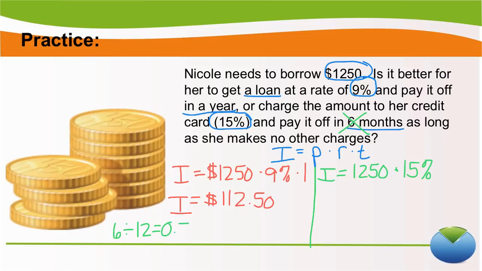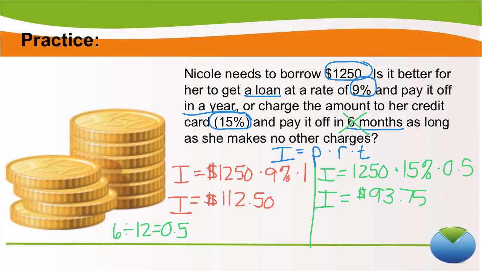Comes out to be 0.5, so that's what I'm going to multiply by. Would you figure out how much interest Nicole will pay using her credit card? It looks like Nicole is going to pay $93.75 if she goes with the credit card route.